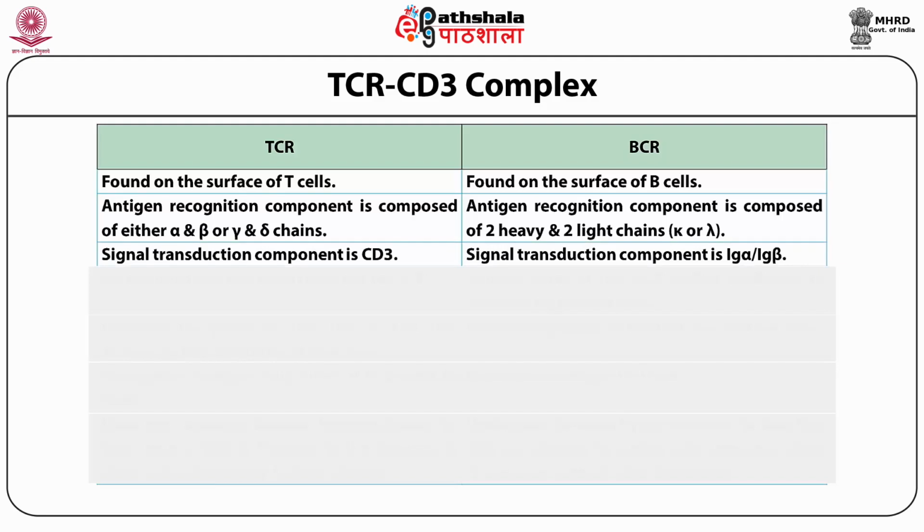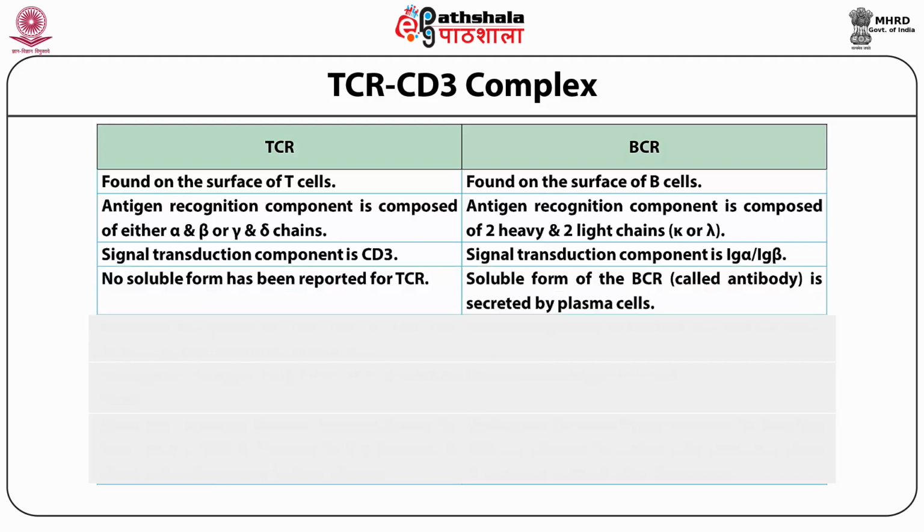The third point of difference is that in case of TCR, the signal transduction component is CD3, whereas for the BCR, it is the Ig alpha, Ig beta heterodimer. The fourth point of difference is that while the BCR is found in membrane bound as well as secretory form, which is antibody, the TCR is only found in its membrane bound form.